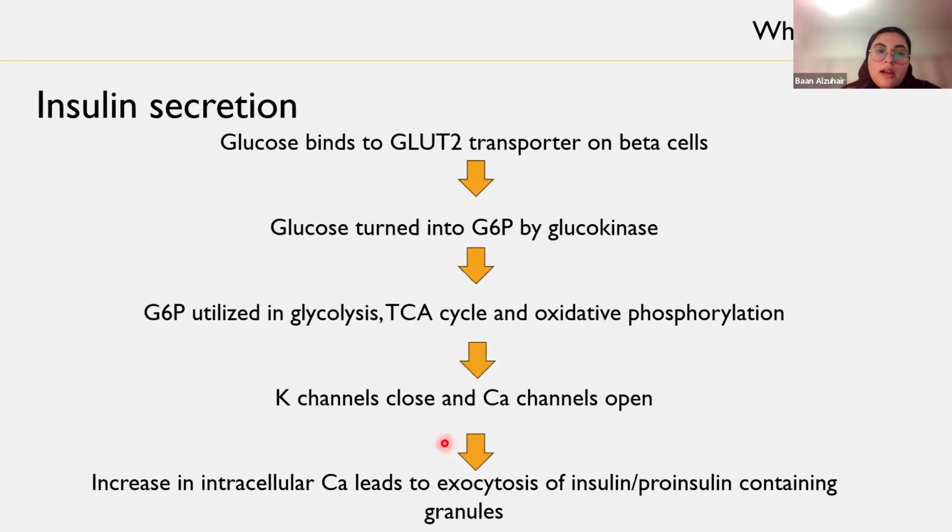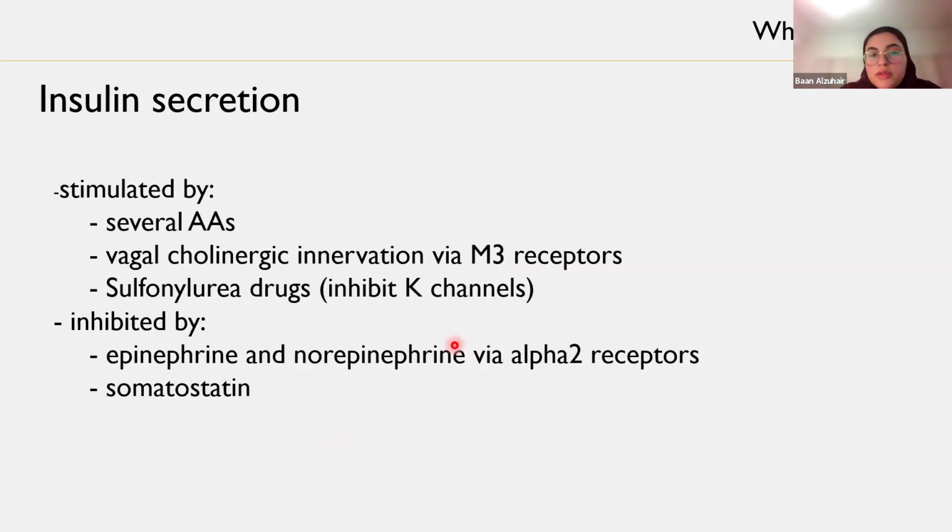Remember when I just said that the product of G6P being used in glycolysis, TCA, and oxidative phosphorylation would lead to the potassium channel closing. So if you permanently close potassium channels by using sulfonylurea drugs, this would lead to a long-term opening of the calcium channels, and this would lead to a continuous secretion of insulin.